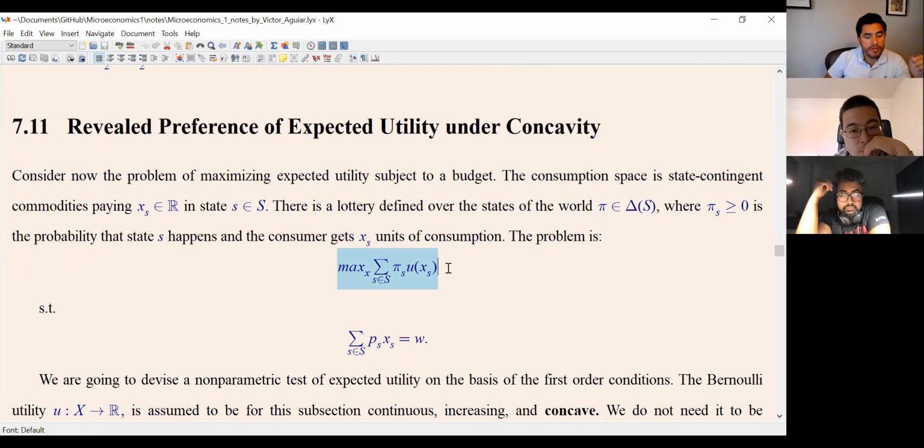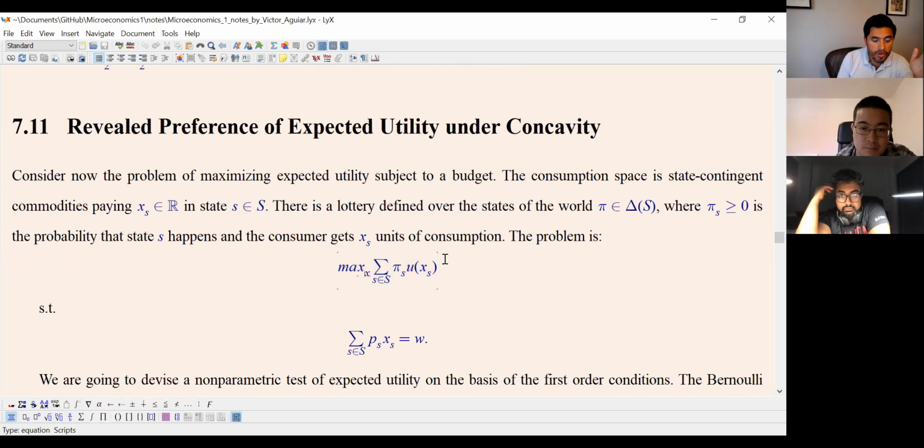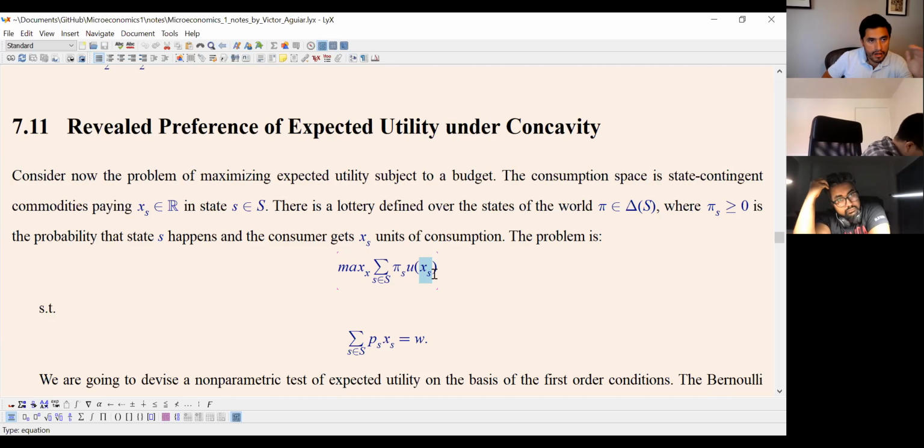You have states of the world in capital S, and you're choosing the quantities of these Arrow securities, which are contracts that pay you an amount of money in each state of the world S. In particular, X sub S is the money you get in state S. For instance, if you have the states rainy and shiny, you receive $10 if it's rainy, $0 if it's shiny.